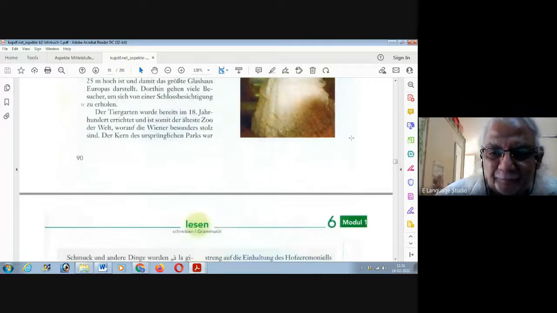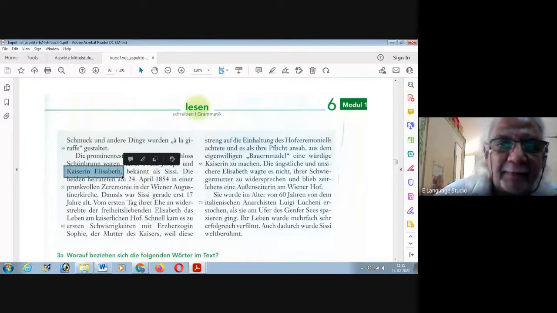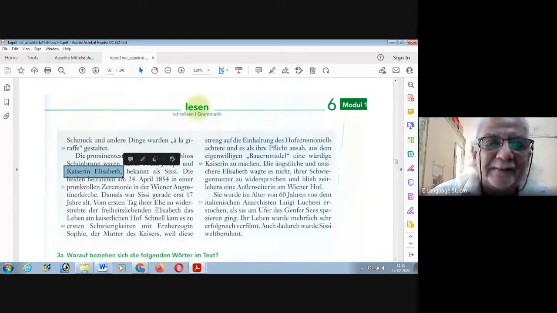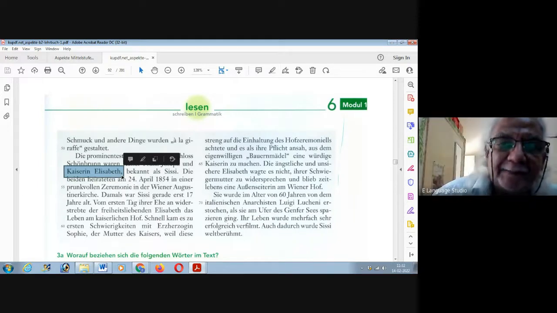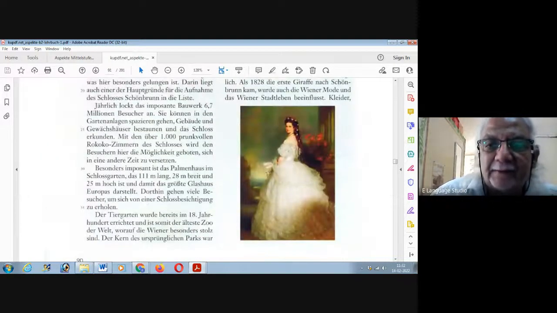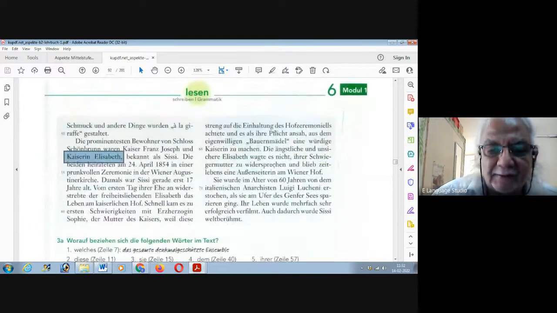Kaiserin Elisabeth was also popularly called Sissi. The Kosename, her pet name was Sissi. The Empress, Kaiser is emperor, and Kaiserin, Empress. Elizabeth. There's a self-portrait. She was very, very famous because she was a lover of art.